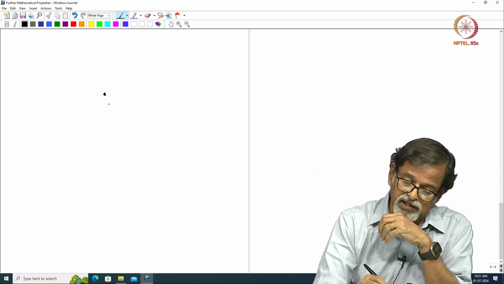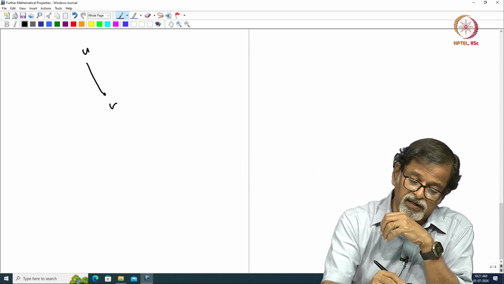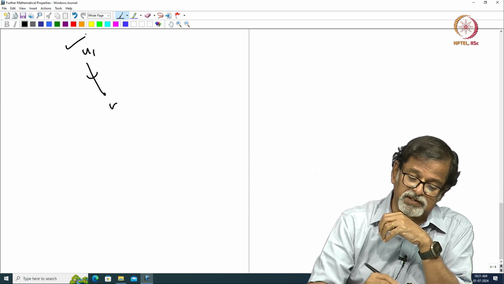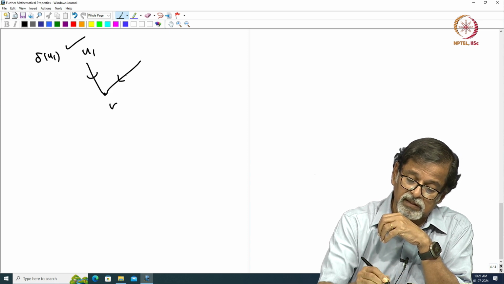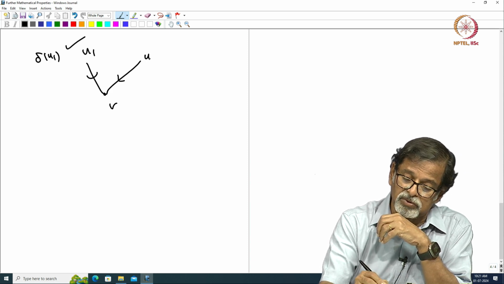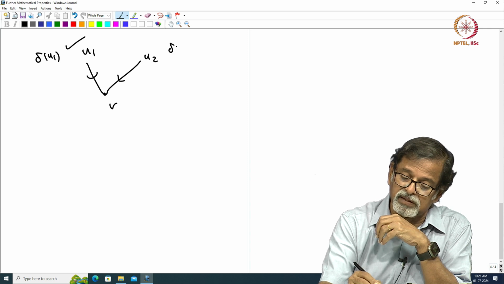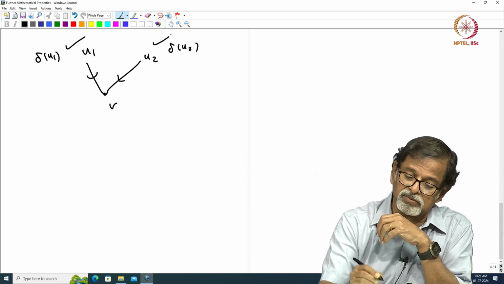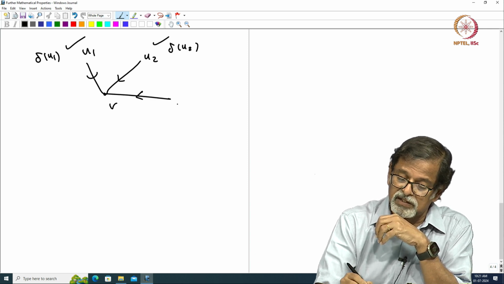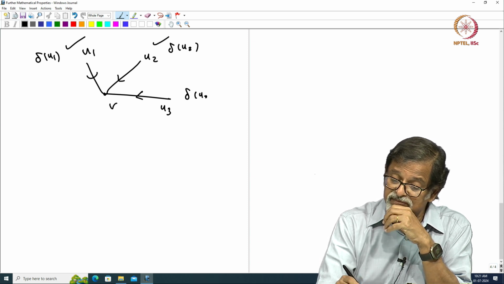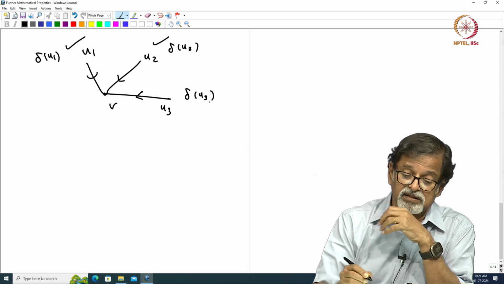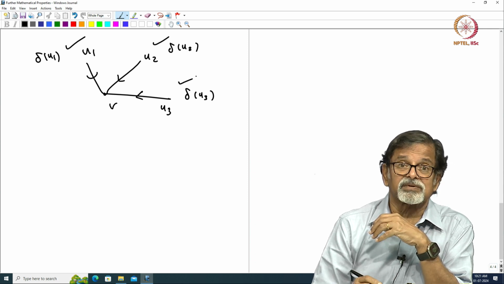In other words, I have v, I have from u1 information delta u1, I have u2 and I have delta u2. Like this, I may have several neighbors and I may have information about them.